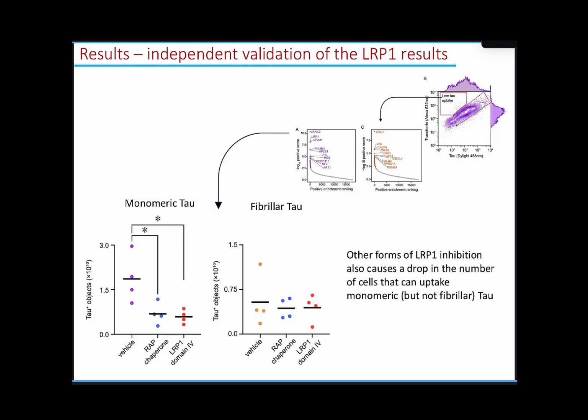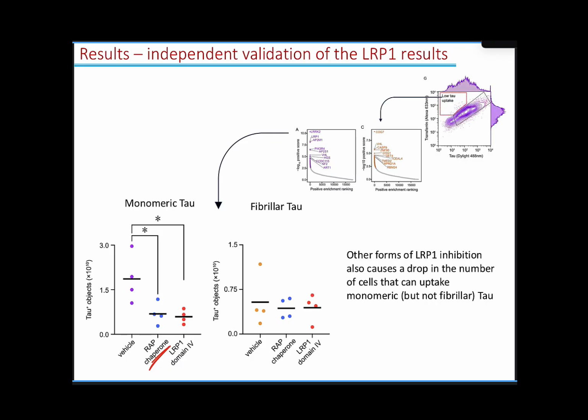And they went a step further and they said, okay, let's not mutate the LRP gene, but let's instead inhibit it. So they took two approaches. One was flooding the cells with a protein. They call it RAP chaperone. From what I could gather, this protein has the ability to recruit and sort of bind and hug, for lack of a better term, a bunch of membrane receptors.